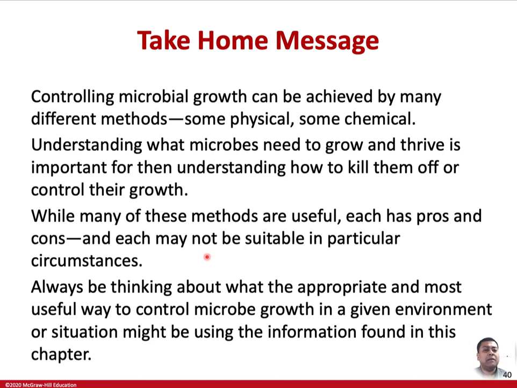That is true even for the next chapter, where there are many different types of antibiotics, antivirals, and antiprotozoals, and each is not suitable for every case. We're going to talk about that. So this will be the end of chapter 8, which is the microbial control of microorganisms.